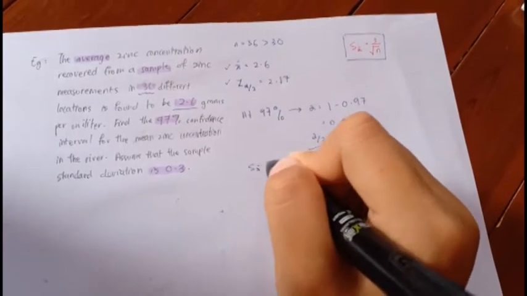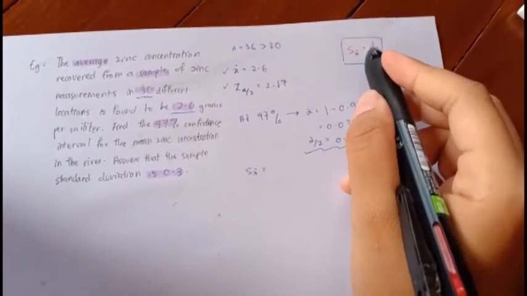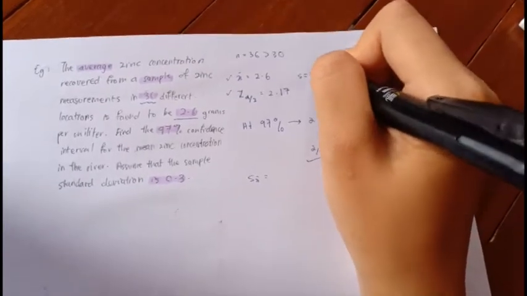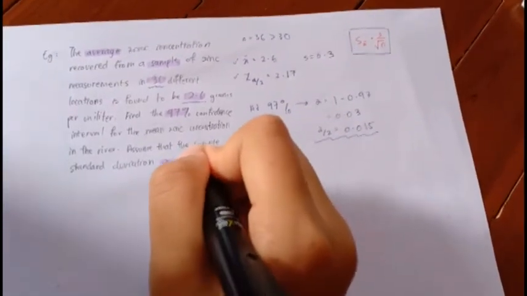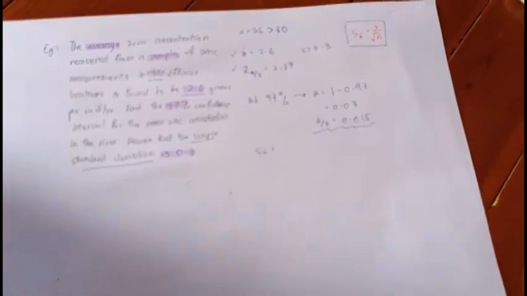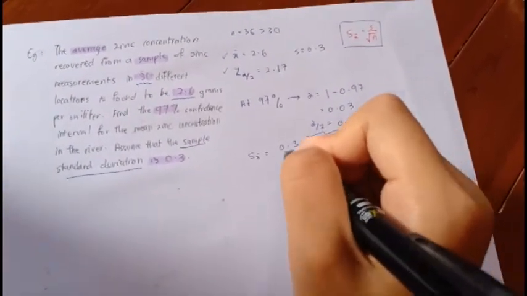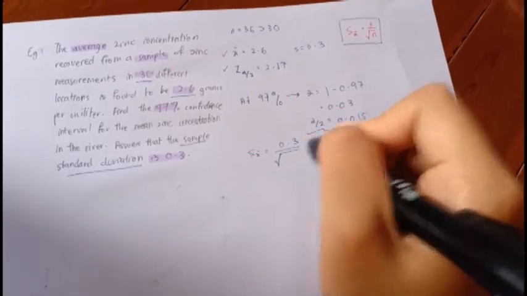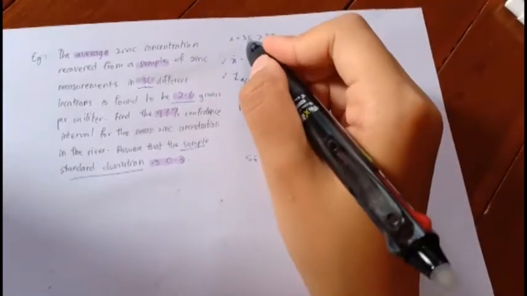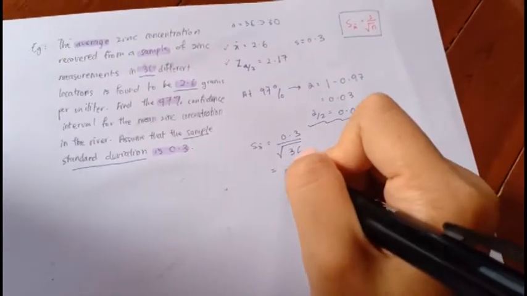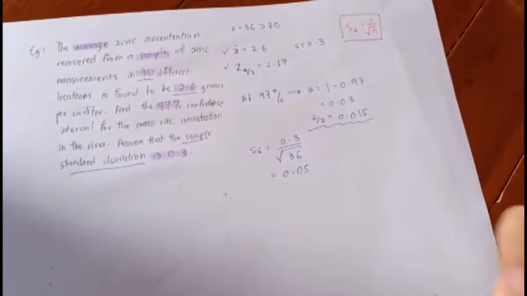So equals to S, 0.3. Here the sample standard deviation. So 0.3 over the square root of the sample, which is 36, will become 0.05.